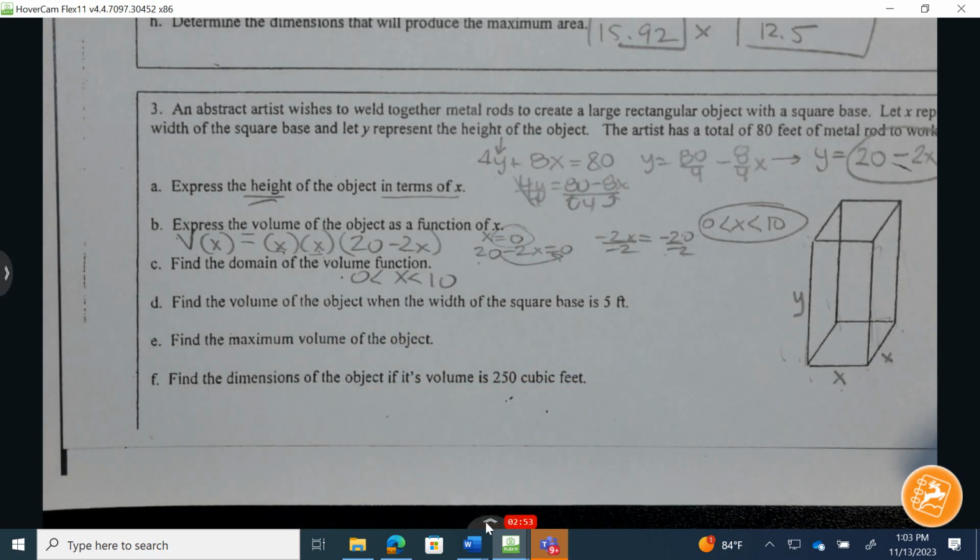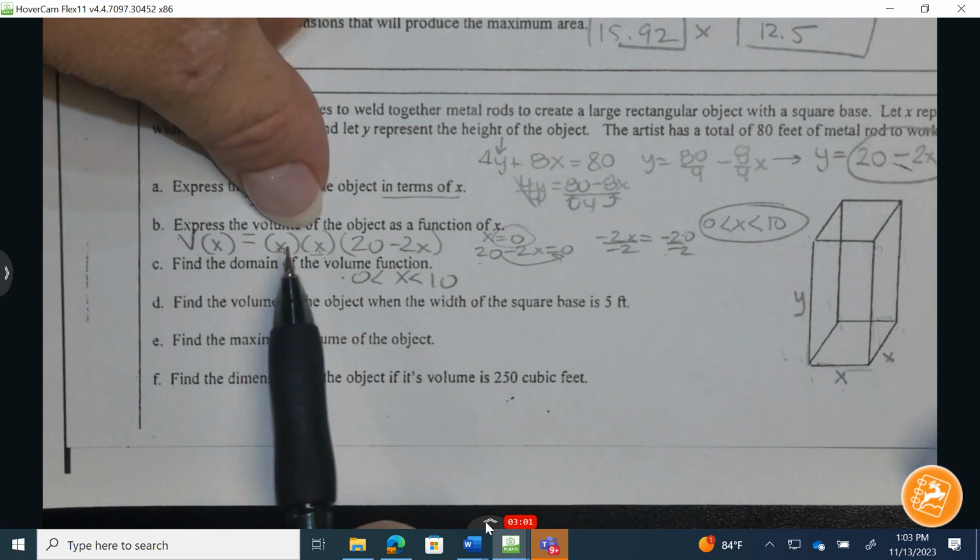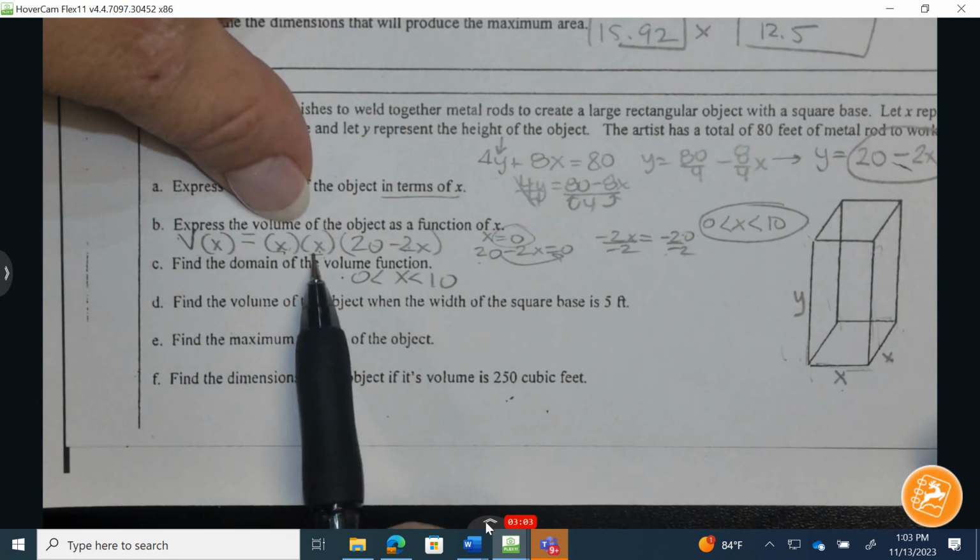Find the volume of the object when the width, so this is our width, is 5. So when X equals 5. One way would be to plug 5 in here and to solve.